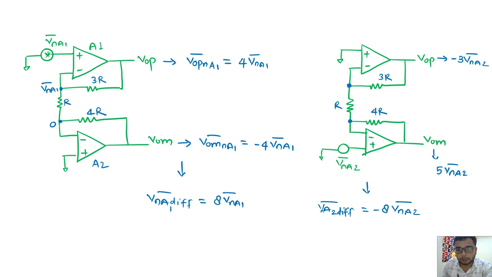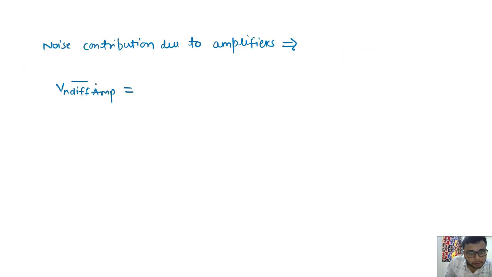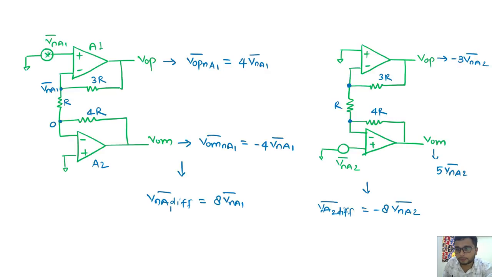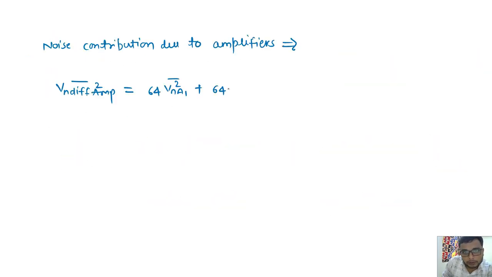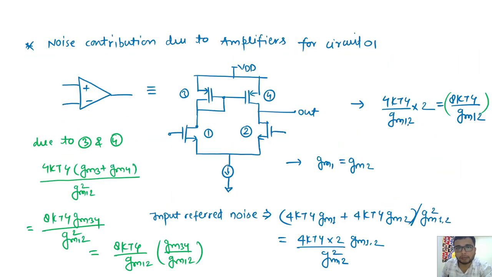If I add the noise square terms, it will be 64 Vn(a1) square plus 64 Vn(a2) square, and nearly both the amps have similar noise, so I can consider it as 128 of Vn of a square, where Vn of a square is the noise that we have considered here in the 5 transistor OTA.